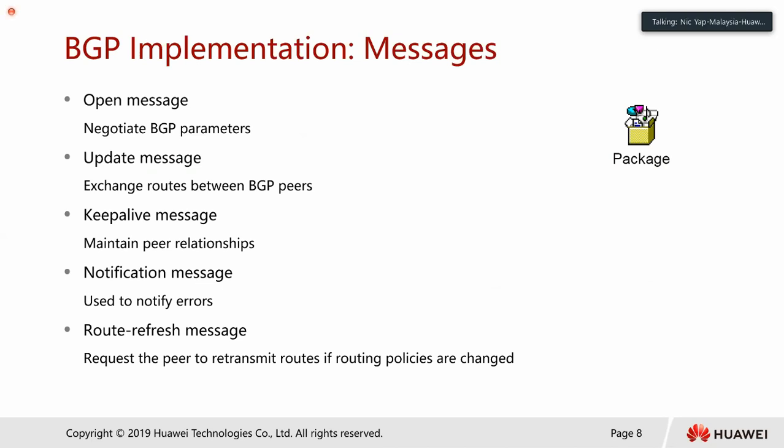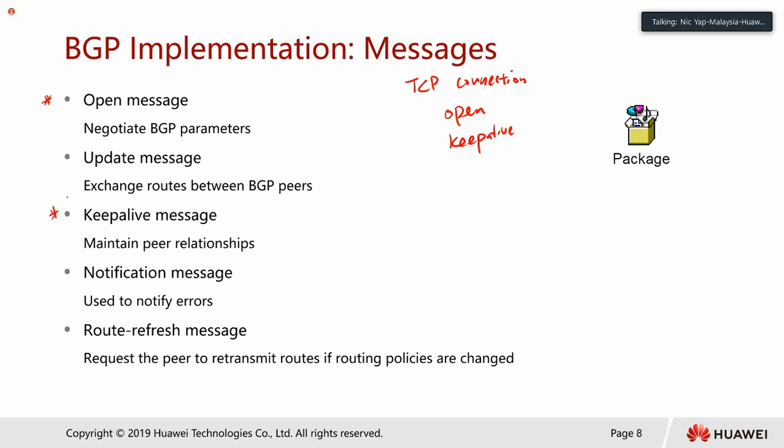When we implement BGP, it needs to go through the state machine to send information. Remember that in BGP, peers first need to form a TCP connection. When the TCP connection is formed, only then do they send the open message, then keepalive. So normally these are the 2 messages sent in the initial part.